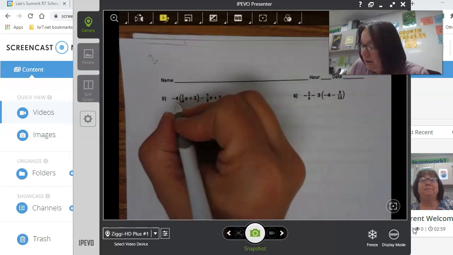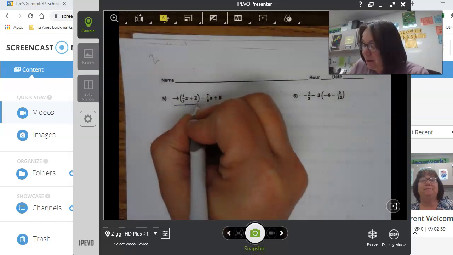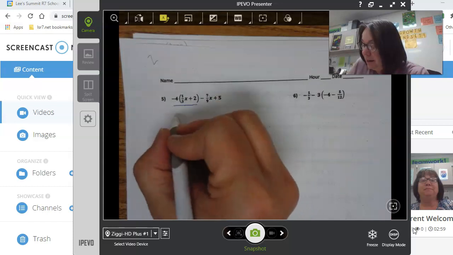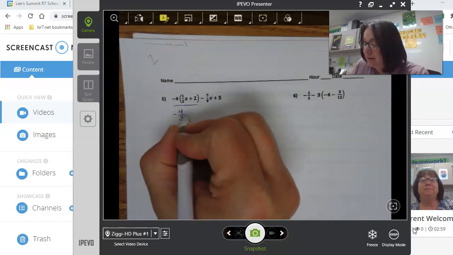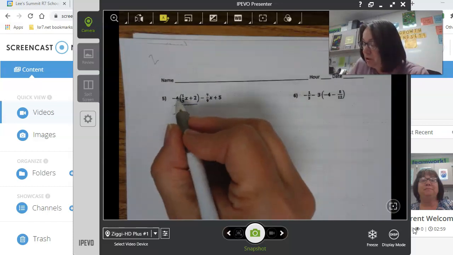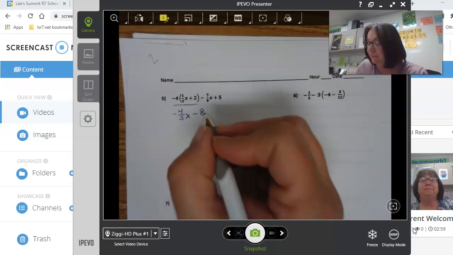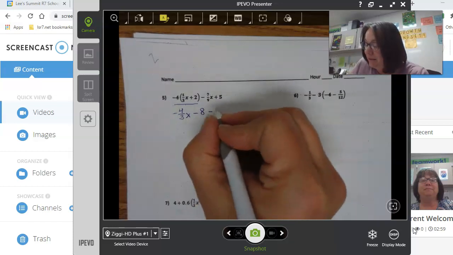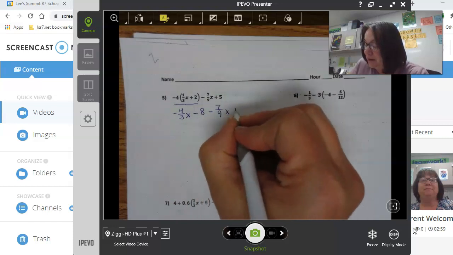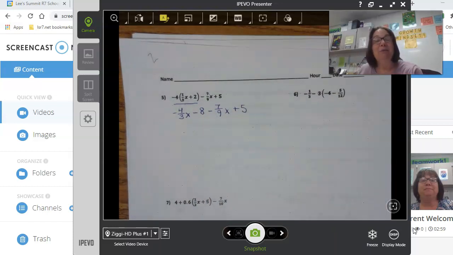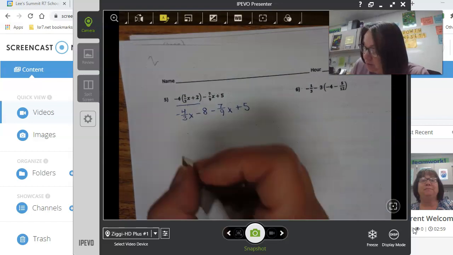All right, I have negative 4, this is distributive property, times a third, which would be negative 4/3 x. I have negative 4 times 2 would be a negative 8. Then I have negative 7/9 x plus 5. I'm going to rewrite this so that my like terms are together.